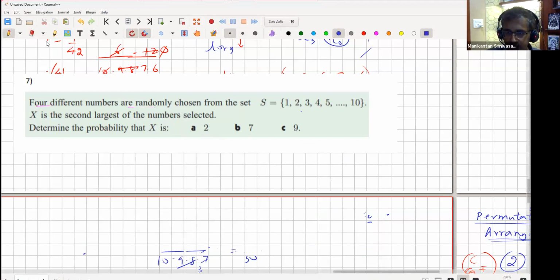From 1 to 10, I select 4 random digits. So this first part is exactly same. 4 different random numbers are chosen from this, and I make a 4-digit number by lining them up. What is the probability that the 4-digit number will have its digits in increasing order?